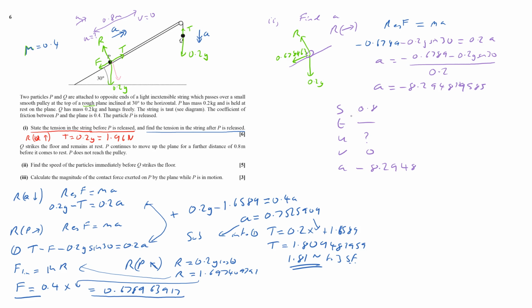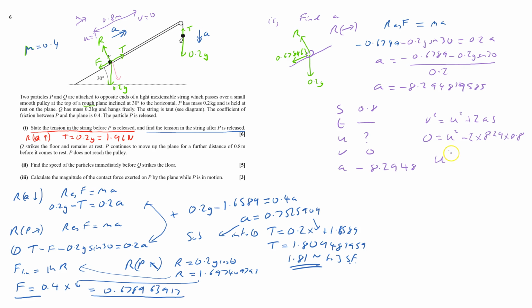So I want the one without t, so that will be v squared equals u squared plus 2as. So that'll be 0 equals u squared, minus 2 times 8.29, etc., times the distance 0.8, and we work that out.